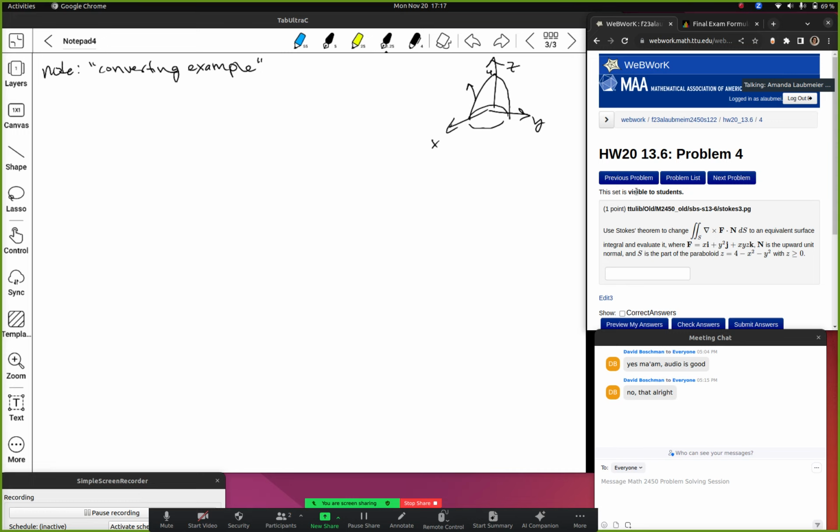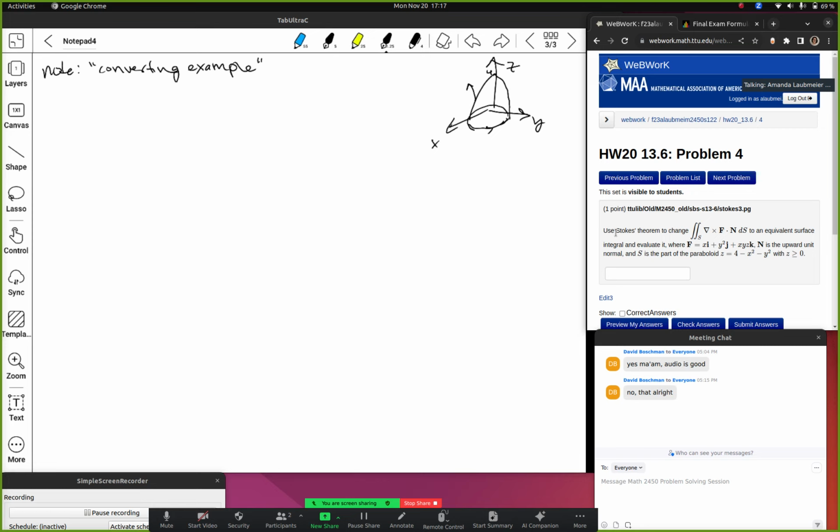So what they're recommending is to use Stokes' theorem to change this to an equivalent but easier integral to solve. Using Stokes' theorem directly would be to say this surface is bound by this curve down here, so I can convert to a line integral.